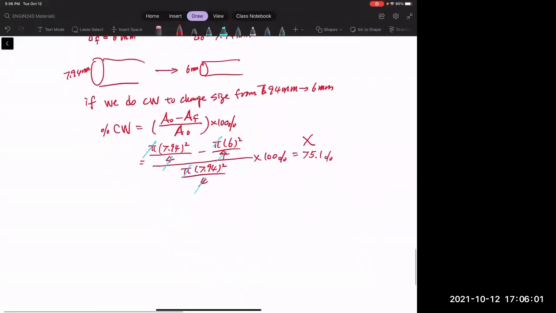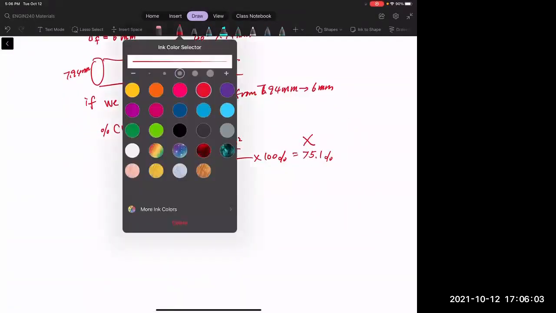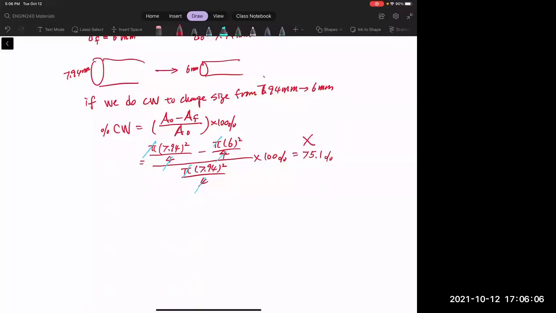So the strategy to solve this problem is this. Do a cold work to reduce the diameter within a percentage of cold work less than 40.